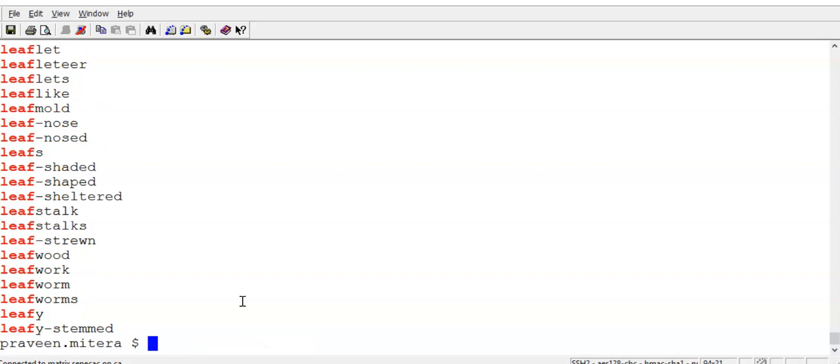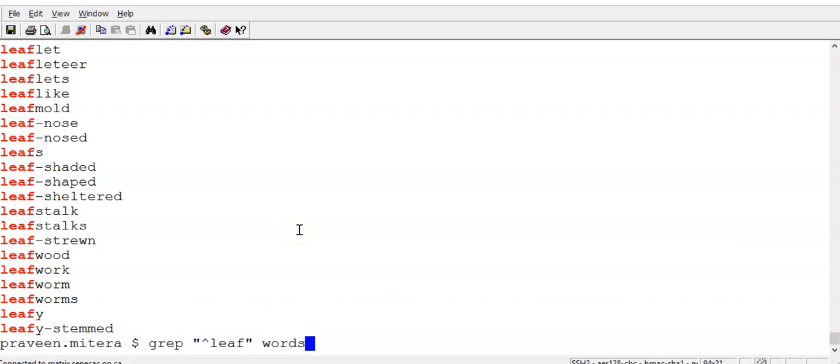So now it says, show me only those lines where there's leaf, but leaf must be at the beginning of the line. Now because we have no anchor over here, after leaf, it's free to have whatever it wants. So there's no control over what happens after leaf. As long as leaf is the pattern at the start of the line, that's all it cares about.